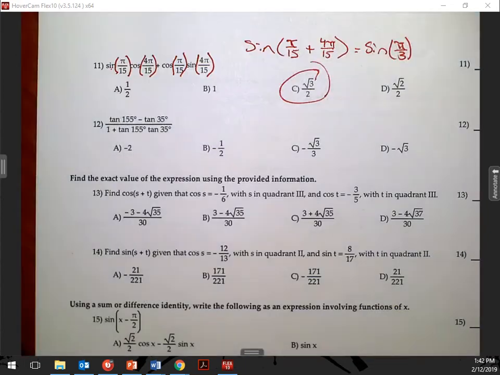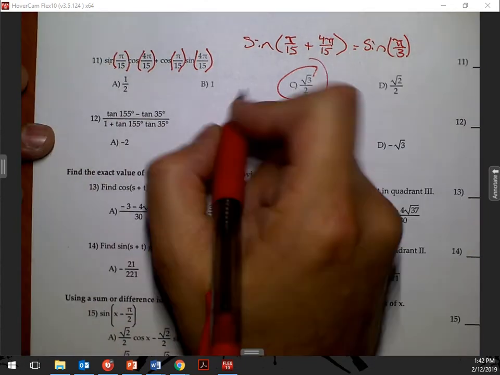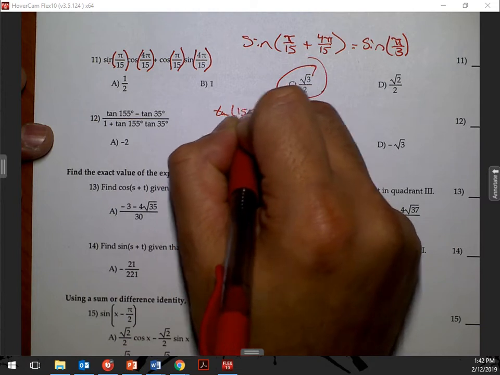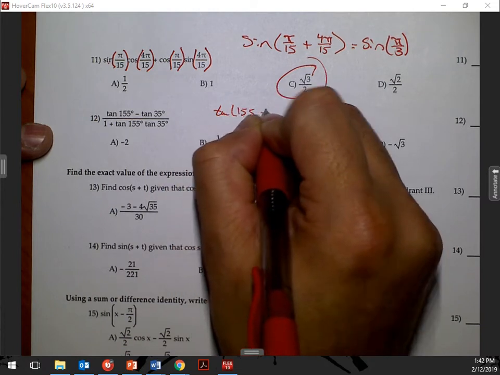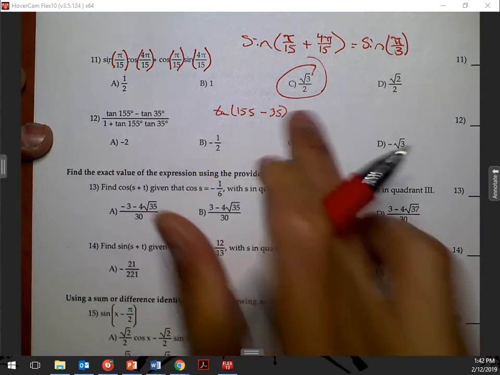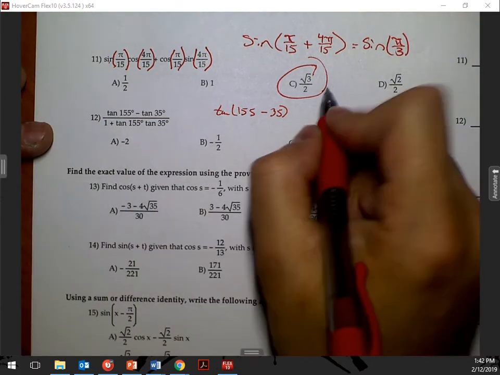So this one's going to be tan of 155 minus 35, so that's going to be tan 120.